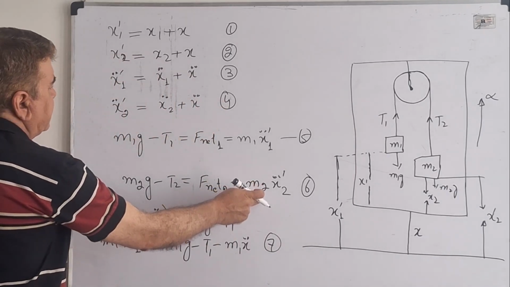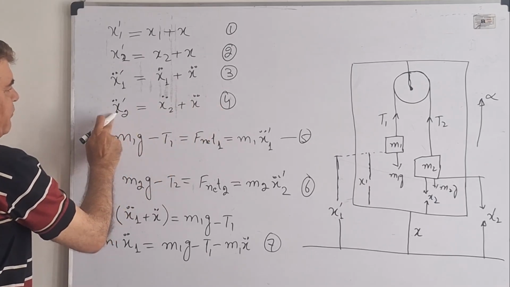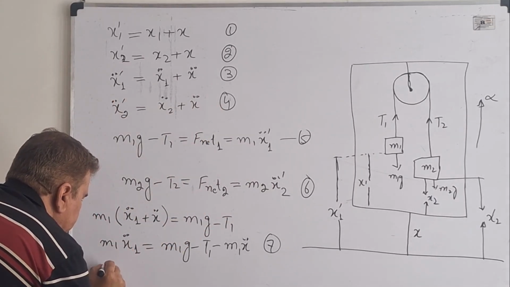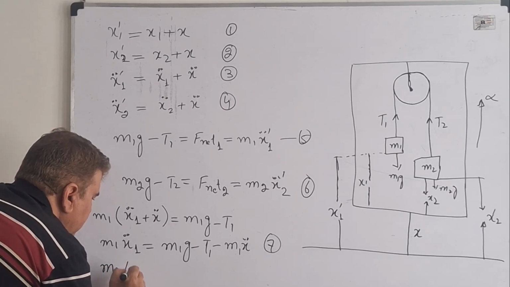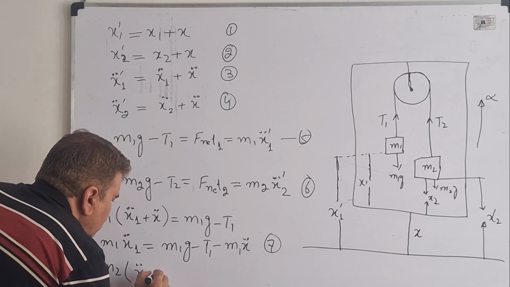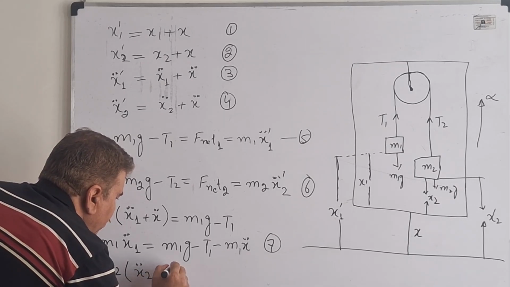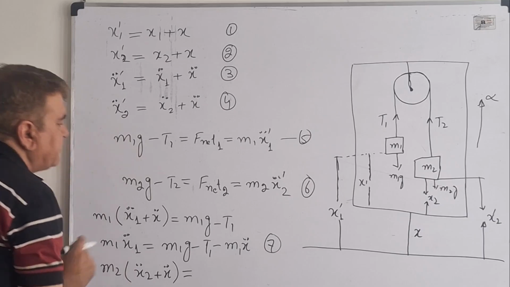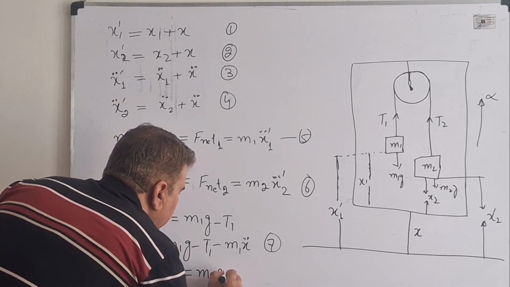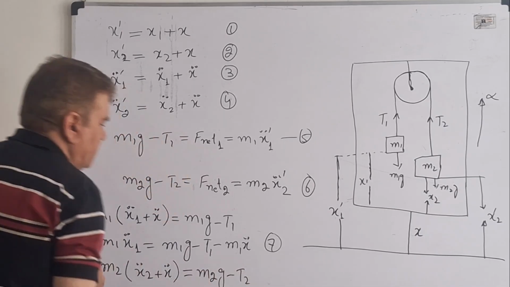And from equation 6, using the value from equation 4 for x double dot prime, I can write m2 into x double dot 2 plus x double dot equals m2g minus T2.